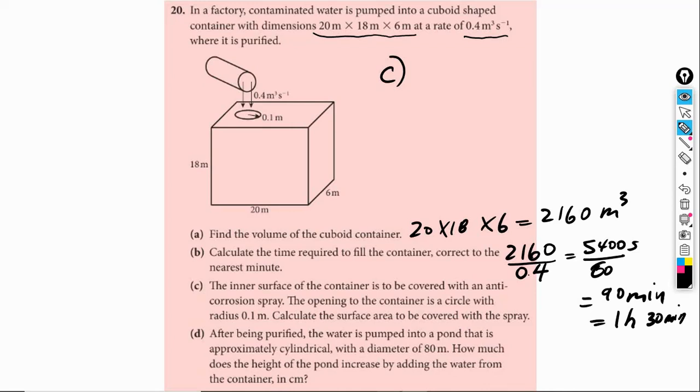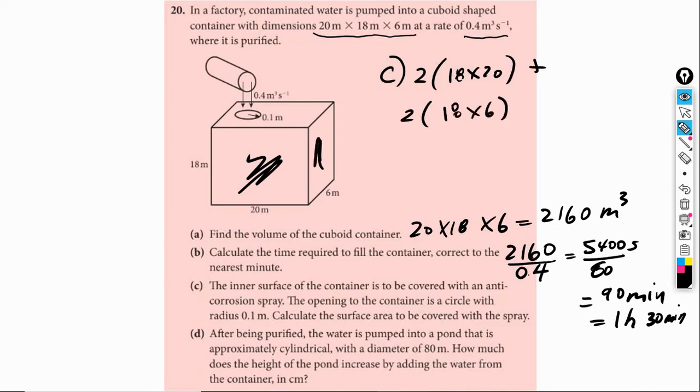So the surface area is really the sum of the different rectangles, right? So notice that we have two rectangles that are 18 times 20. That's this side and the opposite side of that, plus another two rectangles that are going to have dimensions 18 times 6.